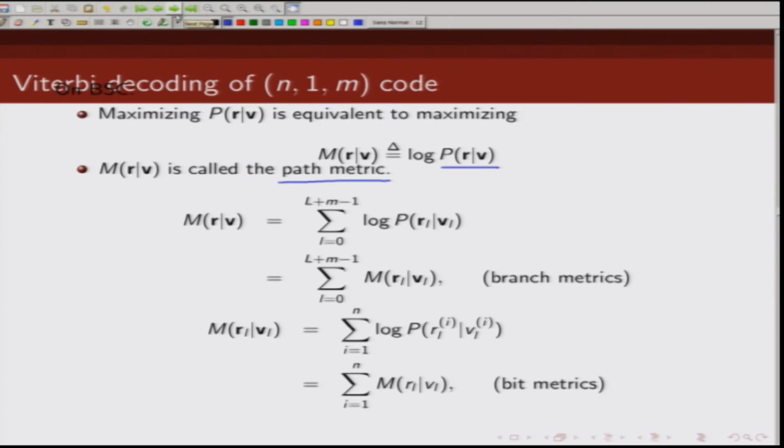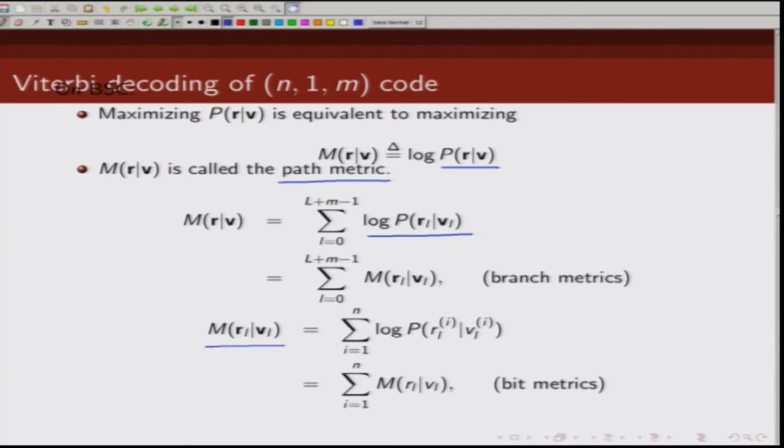So, we can write our path metric as summation from l equals 0 to L plus m minus 1 of log of probability of Rl given Vl, and we call this our branch metric.